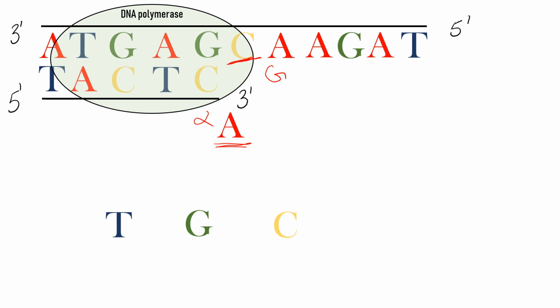Thus, adenine is not accepted by DNA polymerase and it is degraded by the enzyme apyrase. Next, thymine is provided to the DNA polymerase and again thymine is not accepted and it is destroyed by the enzyme apyrase.